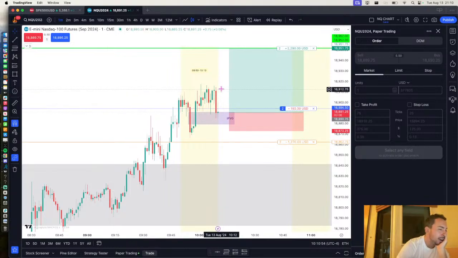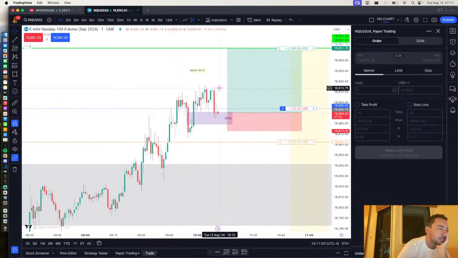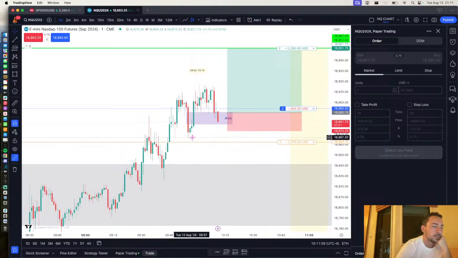In my book, if we got some miraculous candle that came up and closed relatively close to this high right here, my stop would move to break even, and that would be the end of it. But I'm almost positive now that we're going to go back down to this internal low. Sadly. But let's see what happens.